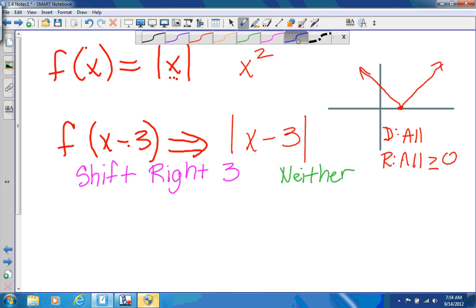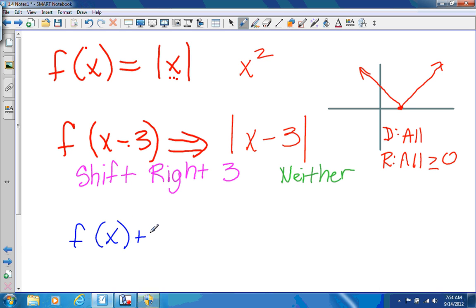Similarly, if you have something like f of x plus 2, if you were to write that as a function, it would be the absolute value of x plus 2. Now, since it is not with the x, remember, it goes in the same direction, so this would shift it up 2 places. And so our graph would be just up 2.